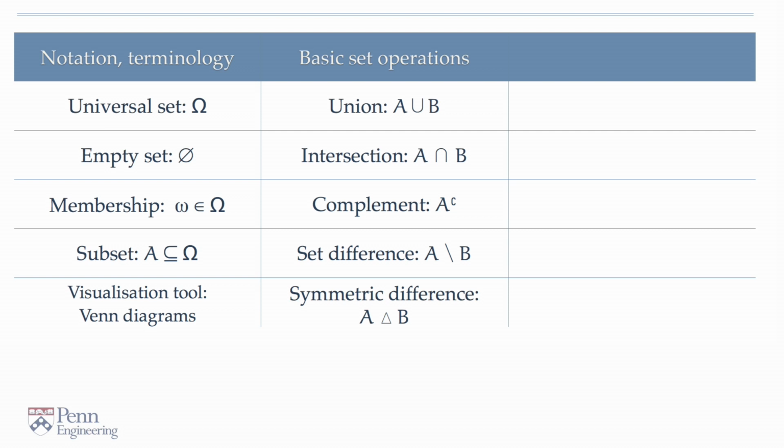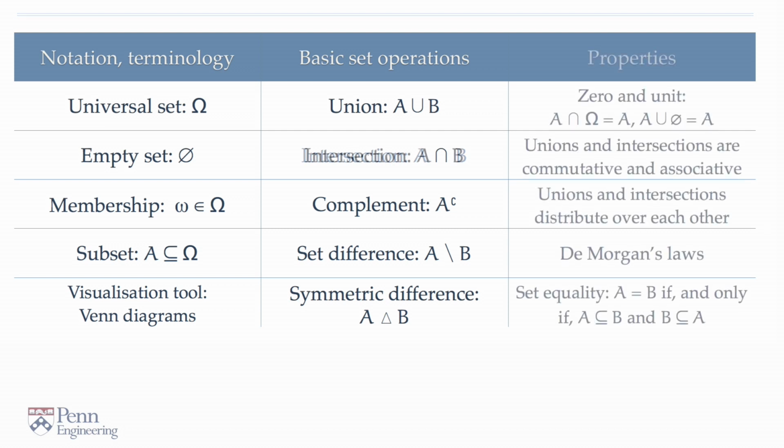And finally, where do these operations lead us? What kinds of true facts, theorems can I discover? The key discovery is that these operations stand in the role of addition and multiplication. There is an algebra of sets. The empty set stands in the role of an additive zero. The universal set, the sample space, stands in the role of a multiplicative unit.